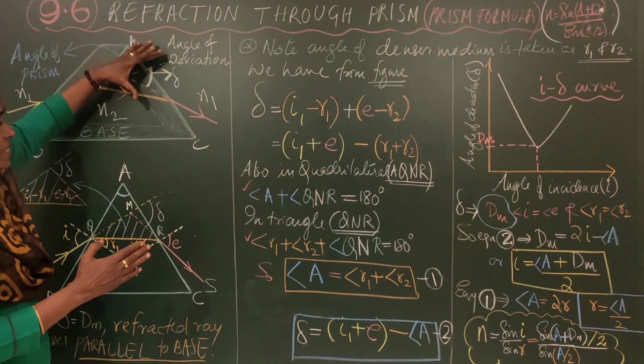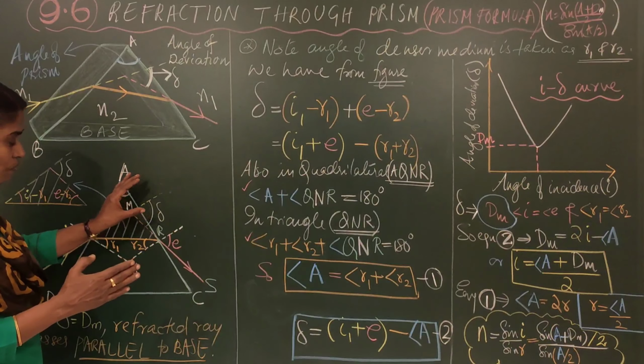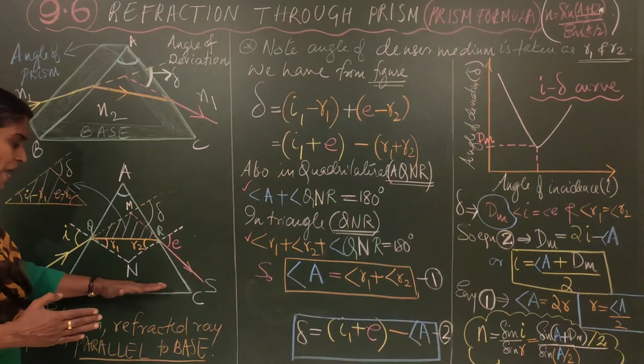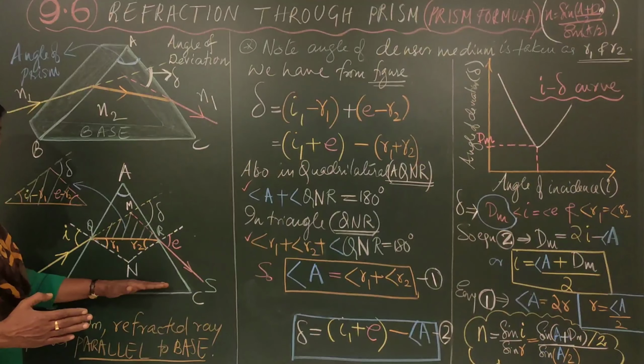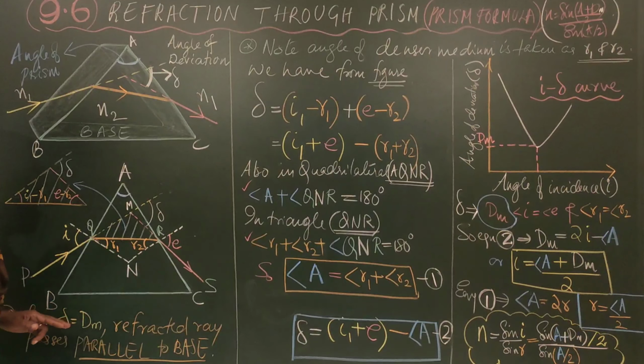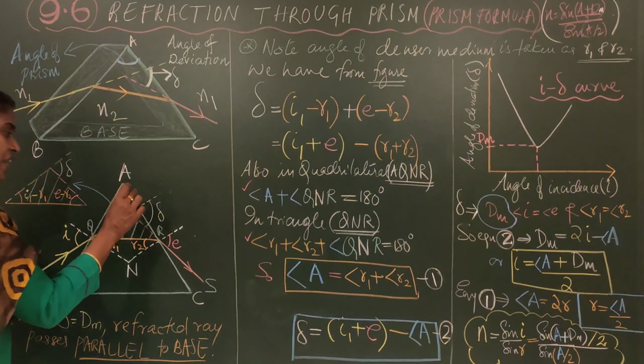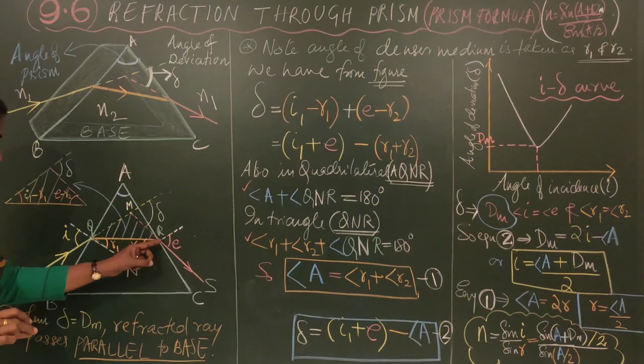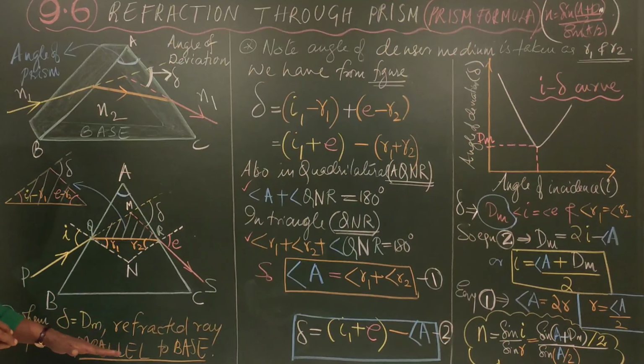Here you can see a big deviation. It goes to minimum when the refracted ray moves parallel to the base of the prism. That is known as the minimum deviation position, or capital DM, D for deviation, M for minimum. So when delta becomes DM, the refracted ray will be parallel to the base of the prism.